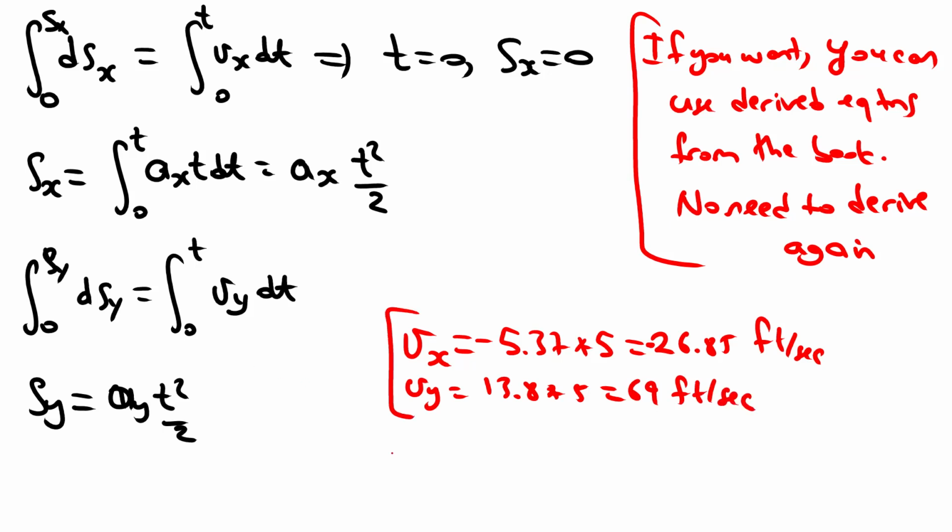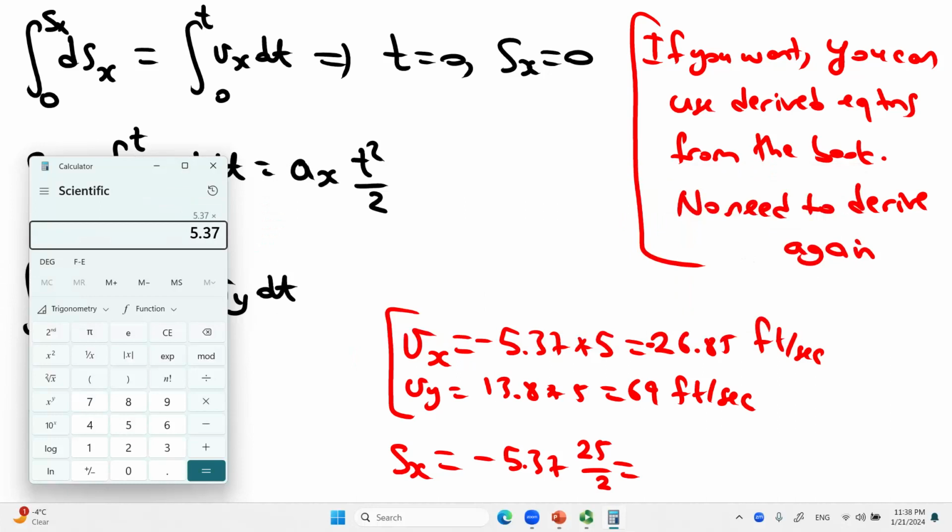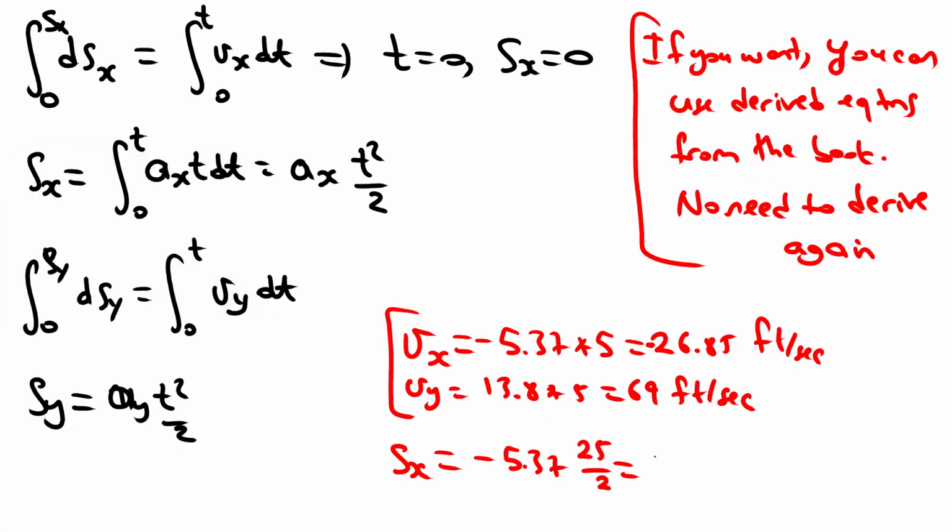And then similarly sx will be equal to negative 5.37 times 25 by 2, and that will be 67.12 feet.